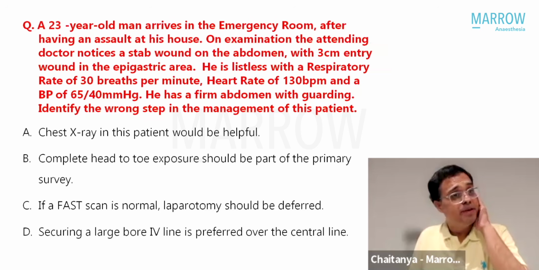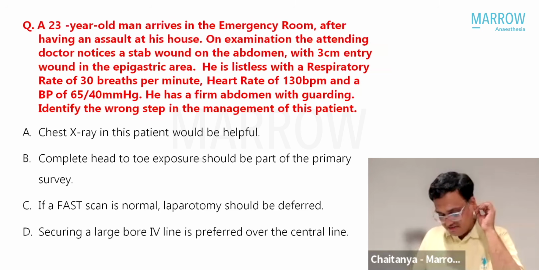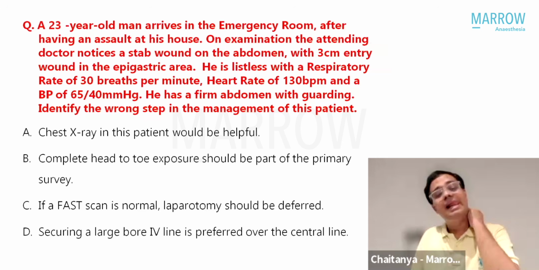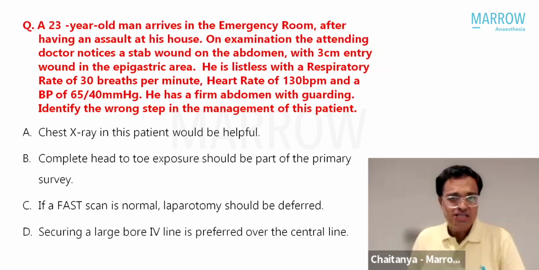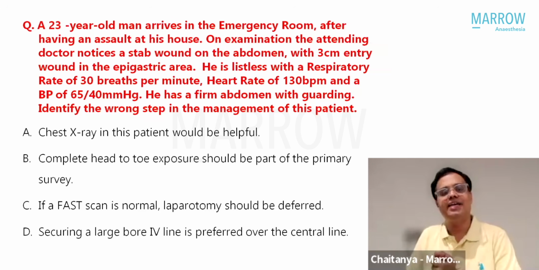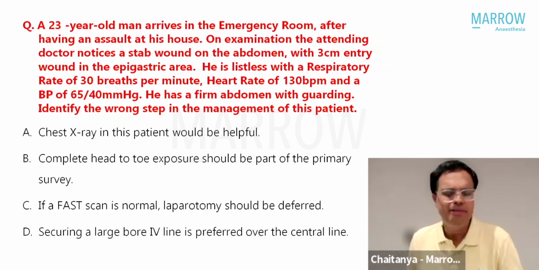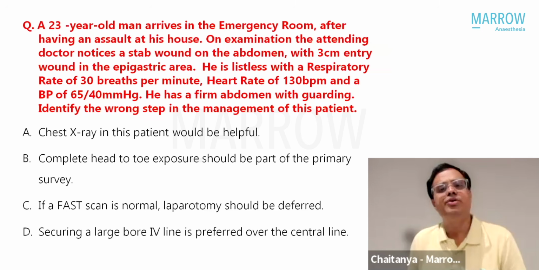Many people have mentioned C: if a FAST scan is normal, laparotomy should be deferred. This is a wrong statement. Why? I don't know how many of you have done FAST scanning, but of late we are doing focused FAST scanning, and many postgraduates are exposed to it, and most institutes do this.